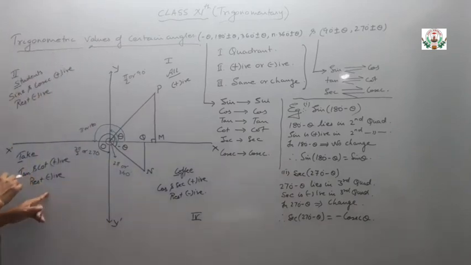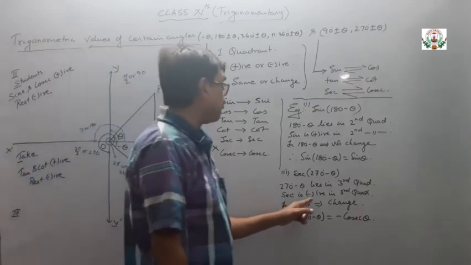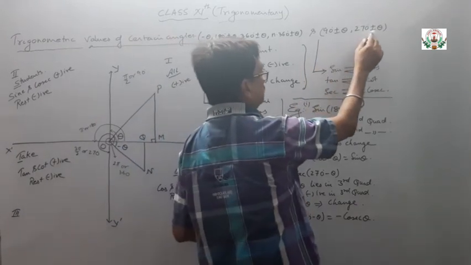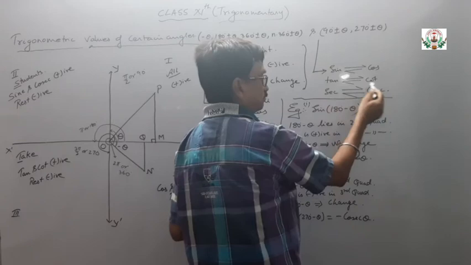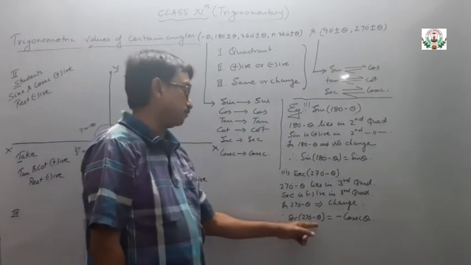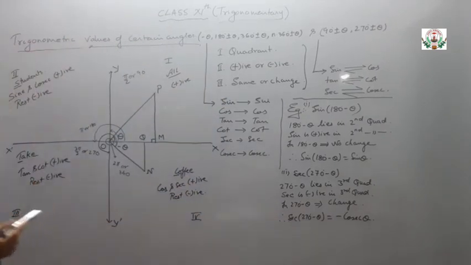So in the third quadrant, tan and cot are positive. It means the rest of the four are negative. It means sec will be negative in the third quadrant. So in 270 minus theta, sec can be written with the result of cosec. Therefore, sec of 270 minus theta will be equal to minus cosec theta.